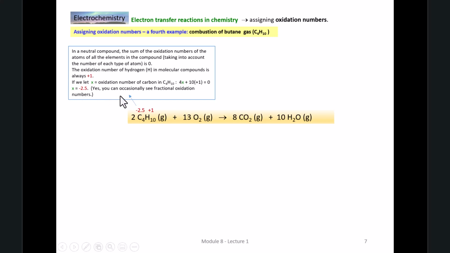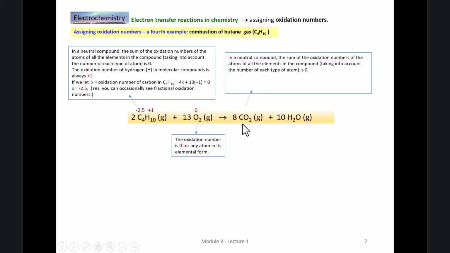The oxidation number of oxygen in elemental oxygen O2 is 0. Let's look at carbon dioxide. This is a compound where the oxidation numbers should all add up to 0. We know that oxygen's always -2, which leaves the only choice for carbon as being +4. And if we look at water, we've done this before, oxygen's -2, hydrogen's +1. So let's examine this reaction.